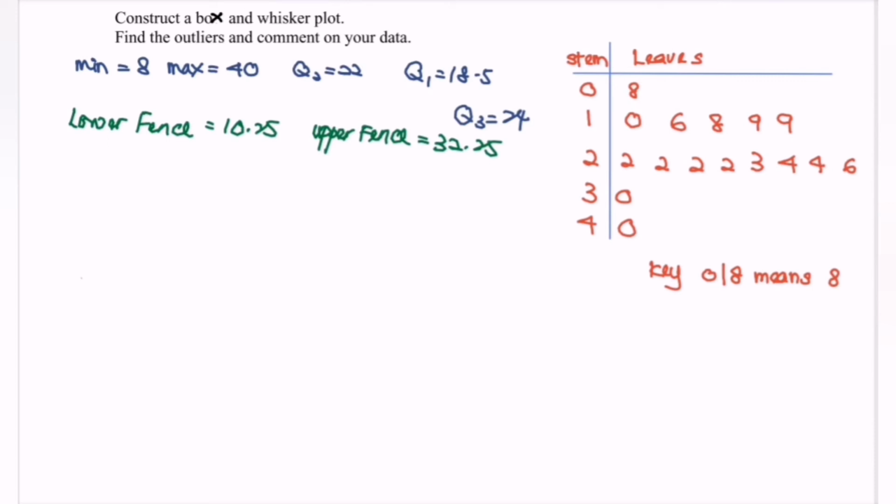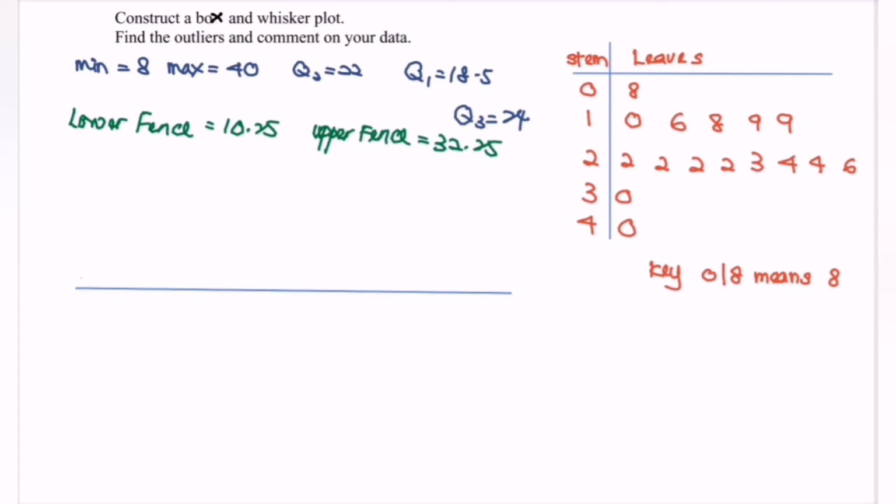Lower fence, upper fence. Now is to draw a number line. Then locate the numbers on the number line using a suitable scale. Kindly refer to the numbers where we have the minimum value 8 and the maximum value 40. We also notice that we have a lower fence and upper fence, which are in between the minimum and maximum.